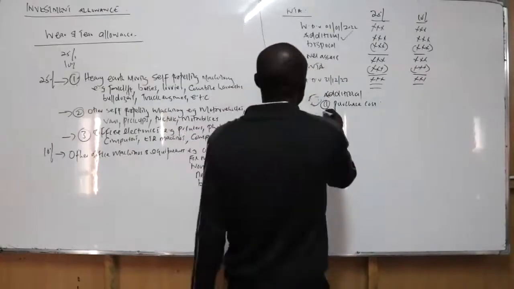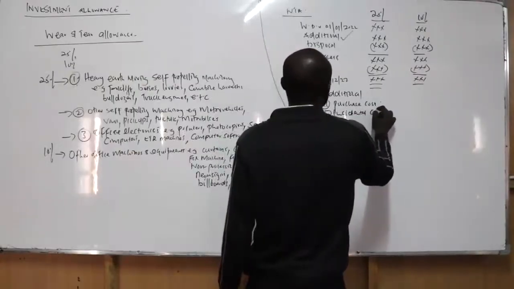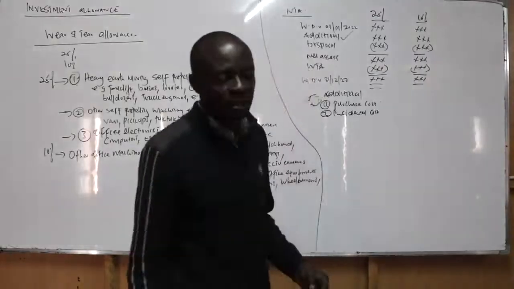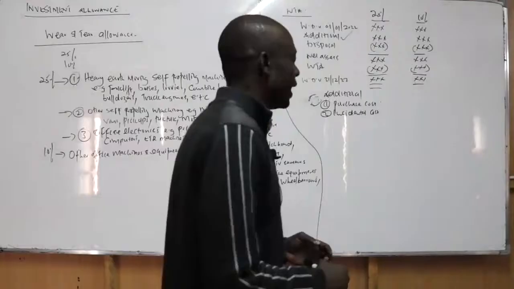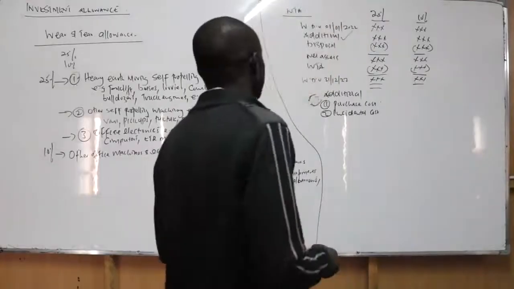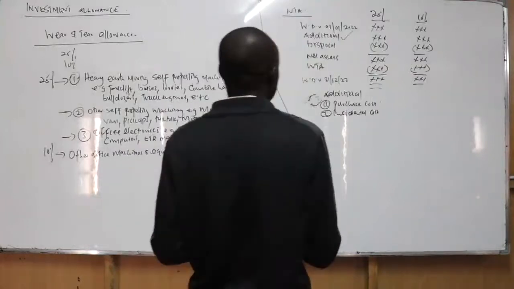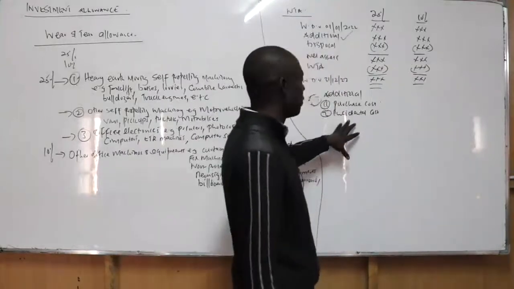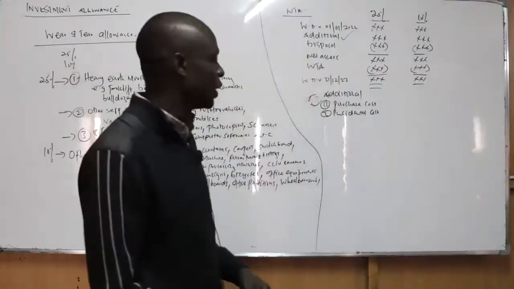And number two, any incidental cost before usage of the asset. For instance, the transport cost from where you purchase to where you operate, insurance maybe on transit, any other repairs before you use the asset, or VAT, or any other tax that you pay before you start using the asset. Those are capitalized and they form part of the purchase cost.